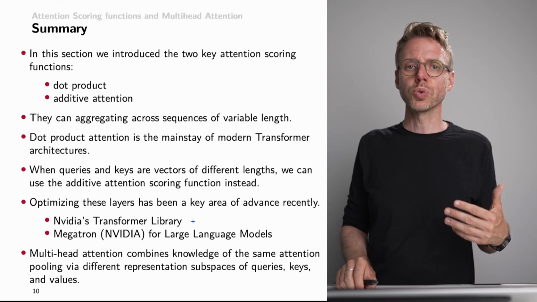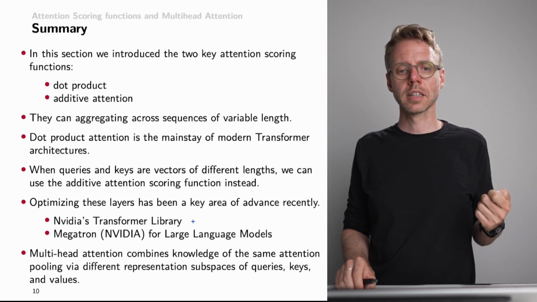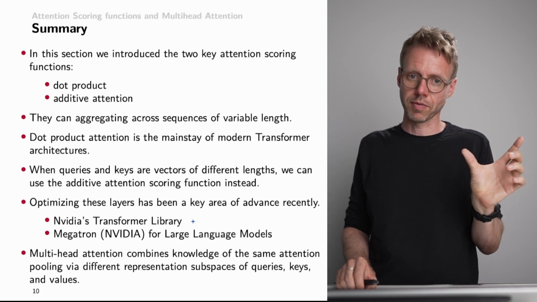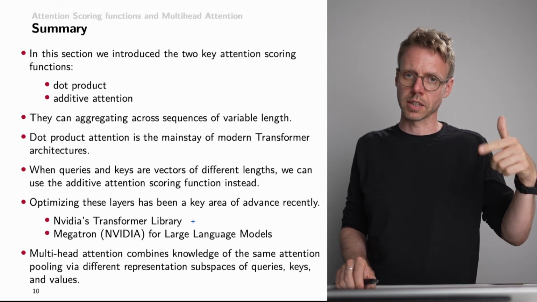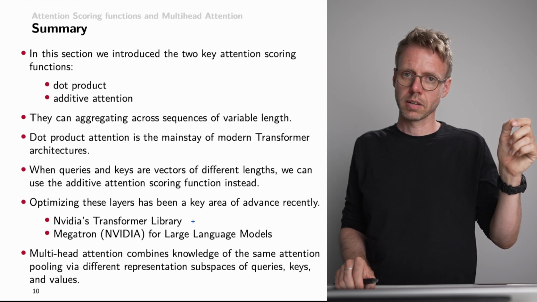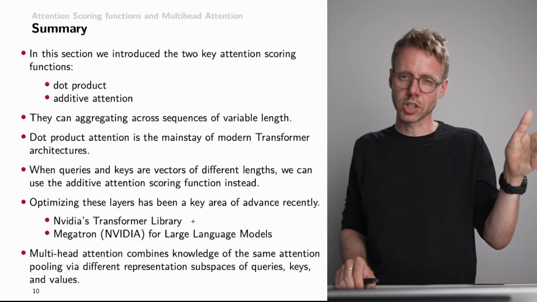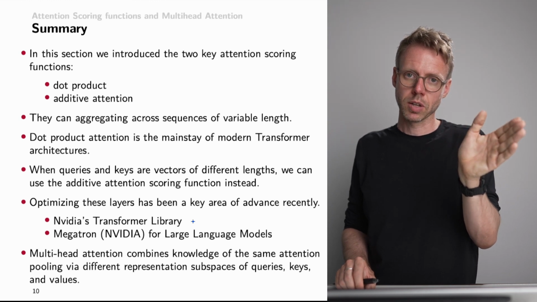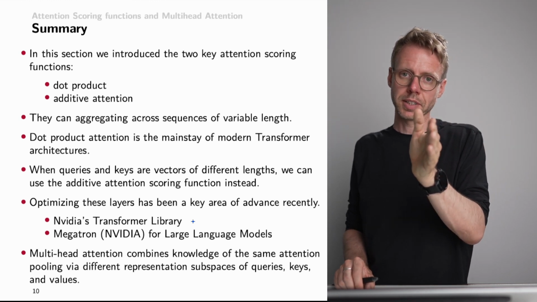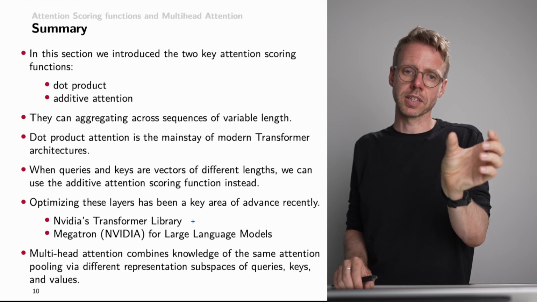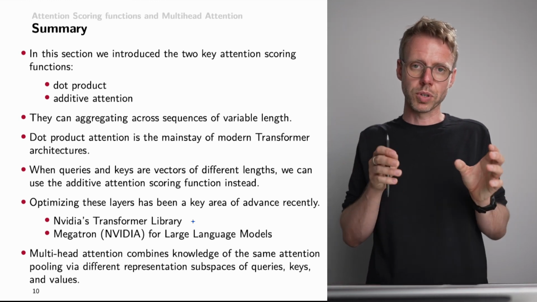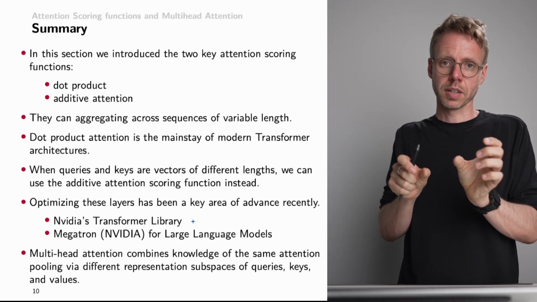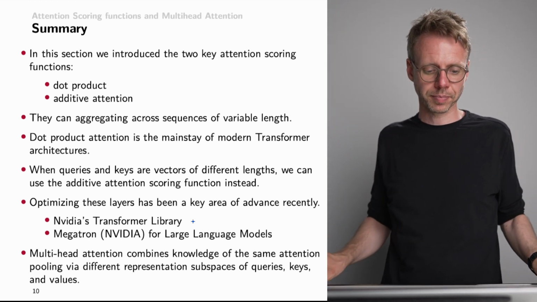And these can be used to aggregate even across sequences that have variable length, using this trick that we stop the aggregation in our sum after L steps, where L is the actual length of the sequence, even though we have computed the attention scoring function with some dummy variables.